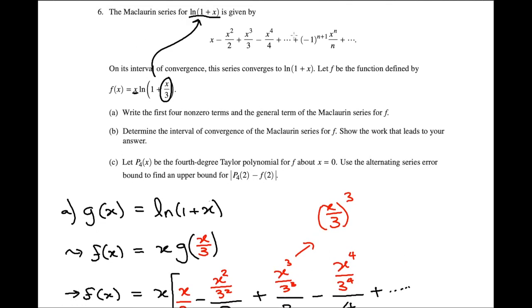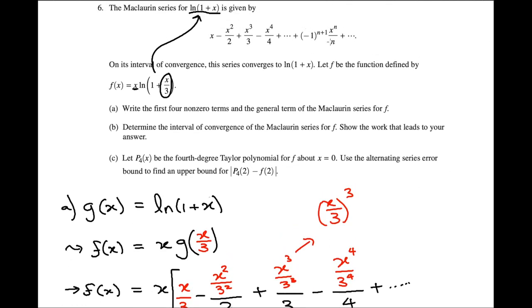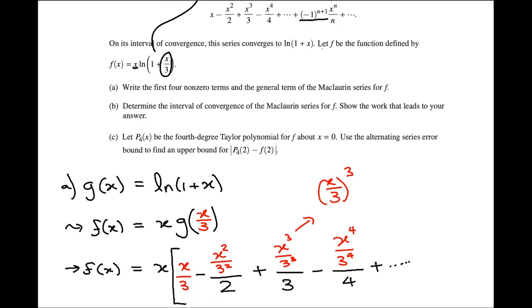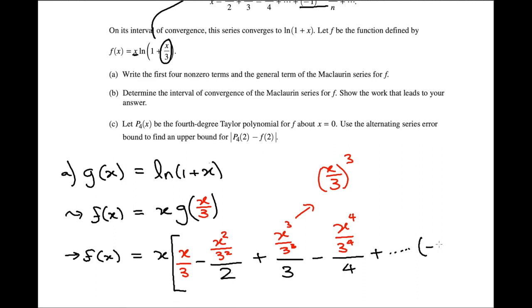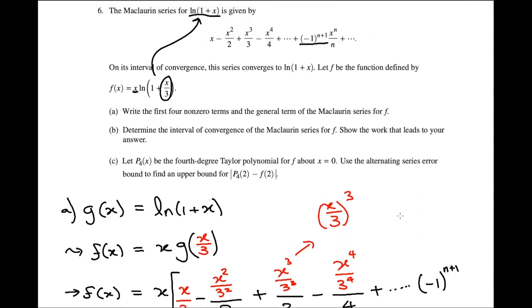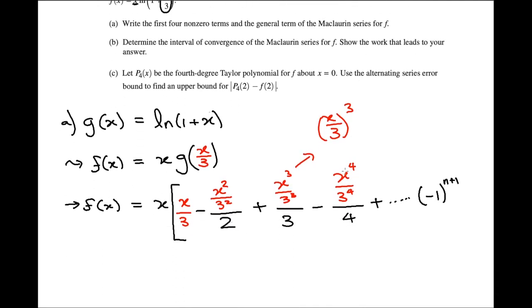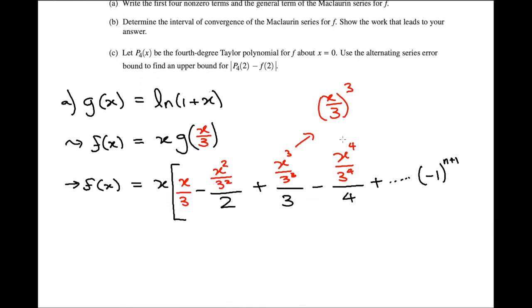And now we have to deal with the nth term here. The negative 1 to the n plus 1 does not change. So that's still going to stay the same. But what does change is the rest of it, because we no longer just have x to the n, but we have x to the n divided by 3 to the n.